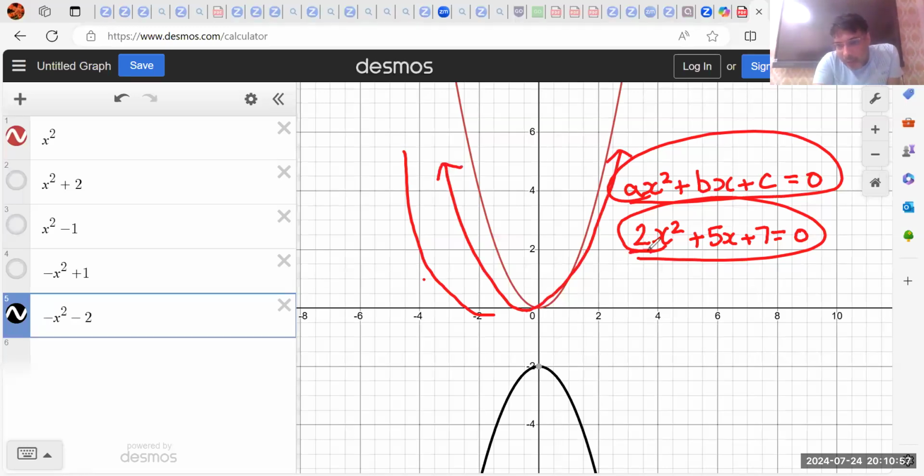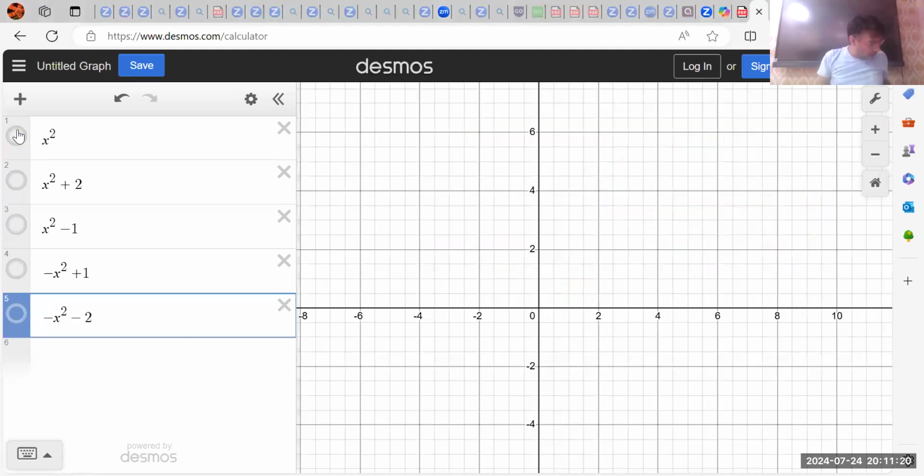If a, the coefficient of x square, is greater than 0, then the shape will be an upright u. If a is less than 0, then the shape will be an inverted u. This is valid for all quadratic equations. All right, this is the introduction of a graph of quadratics.